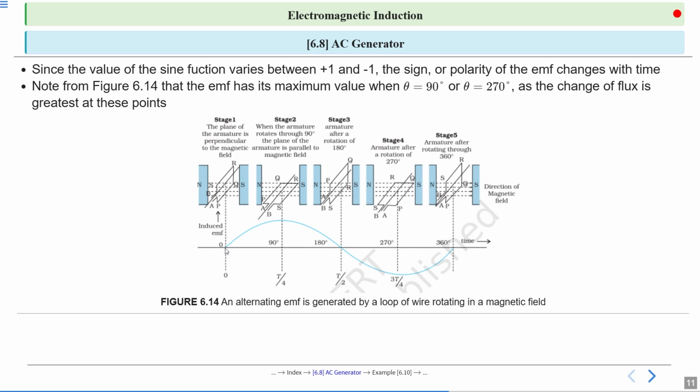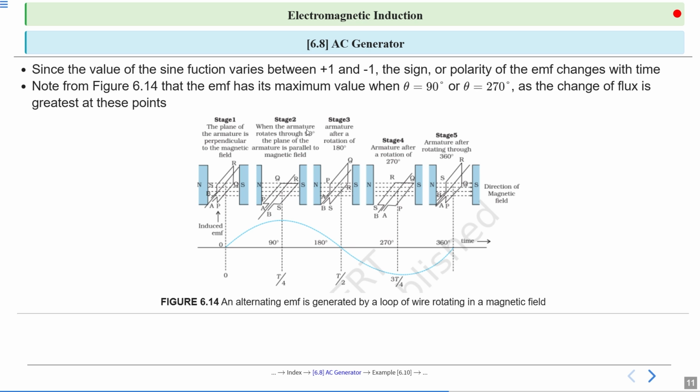Now the coil starts rotating in the clockwise direction. So SR will go there and PQ will go there. In the second stage, the plane of this coil is parallel to the magnetic field, and the area vector is in the downward direction, which is at 90 degrees with the magnetic field.